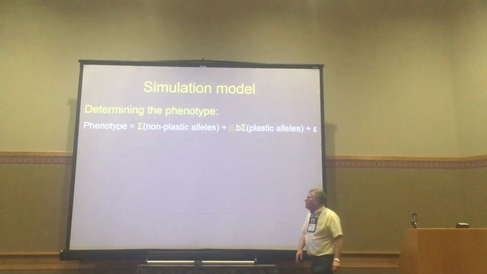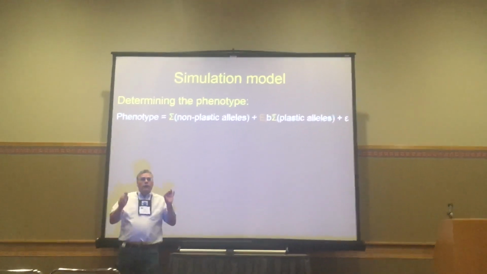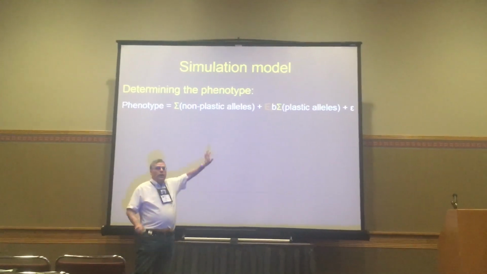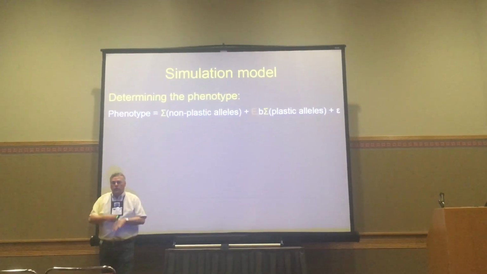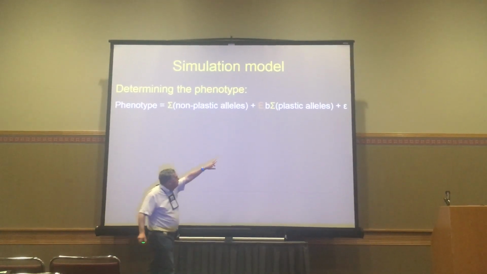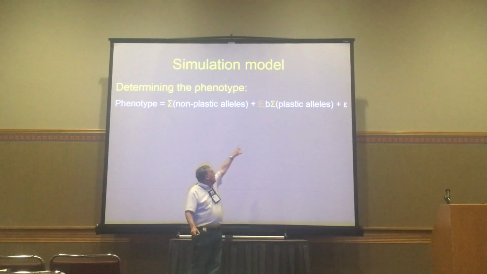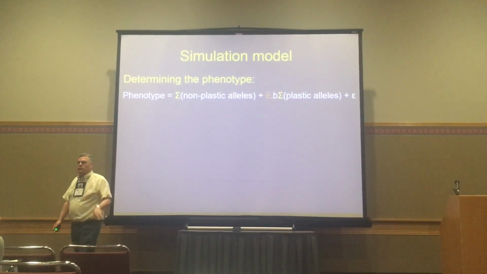So, here's a little bit about the model. So an individual consists of two classes of genes. Genes which are not plastic, that is, their expression does not depend upon the environment. And then another set of genes in which the expression is dependent upon that E, the environmental state.